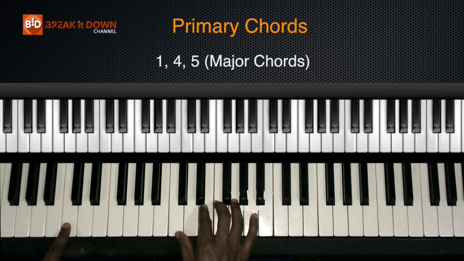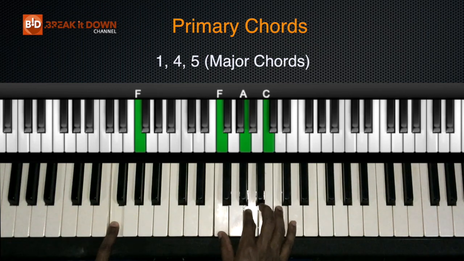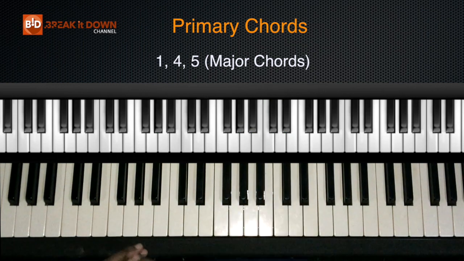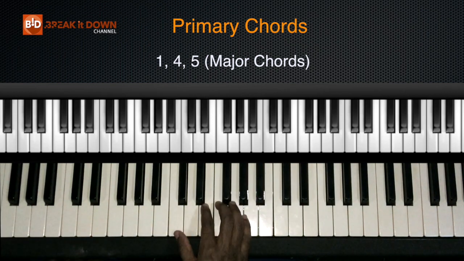The primary chords are the 1 chord, the 4 chord, and the 5 chord. So in this lesson, we are going to play Twinkle Twinkle Little Star with only primary chords. Let's see how far we'll get with that. Okay, so let's go over the melody again.